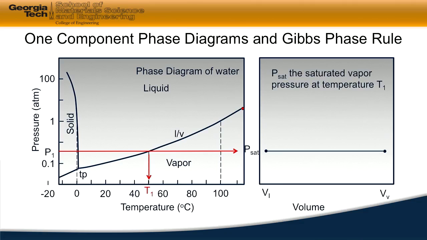So we have our saturated vapor pressure, we have our region of two-phase equilibrium, and the boundary of the two-phase equilibrium is the points that are indicated on the diagram. And depending upon where we lie between the volume of the liquid and the volume of the vapor, we're going to have different ratios of those two phases. Now we know that we are along an isotherm because at pressure P1 there is a corresponding temperature T1.